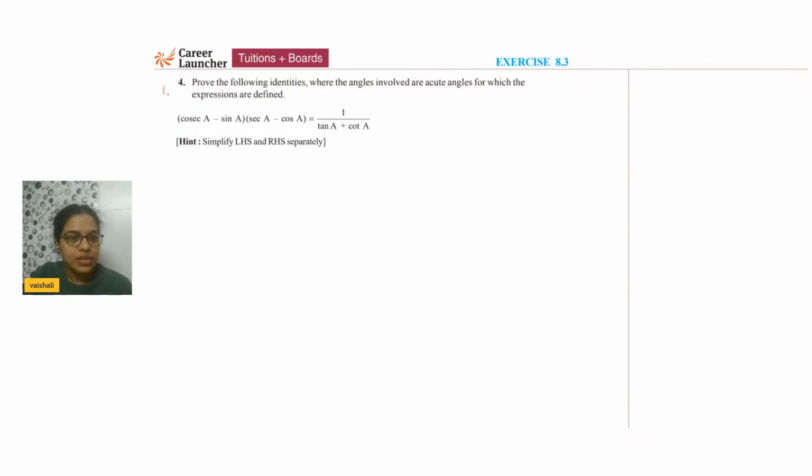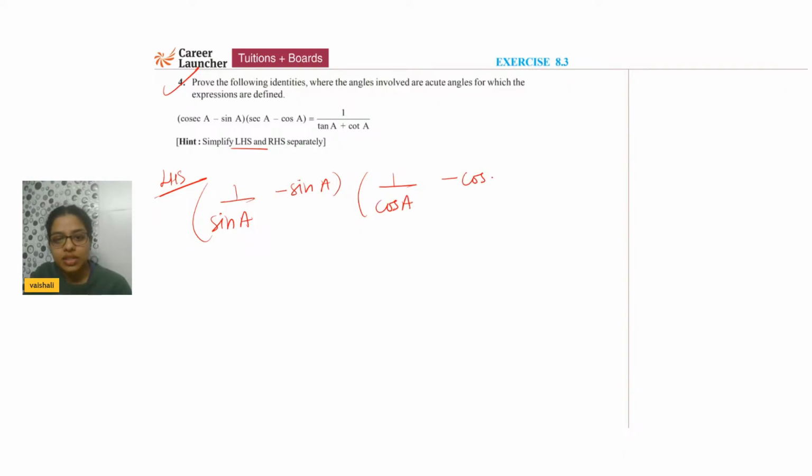Now this is the next question. Prove that the given expression is equal to the right hand side. So let's solve this separately as mentioned in the question. So left hand side क्या है? 1 by sin a minus sin a and 1 by cos a minus cos a.